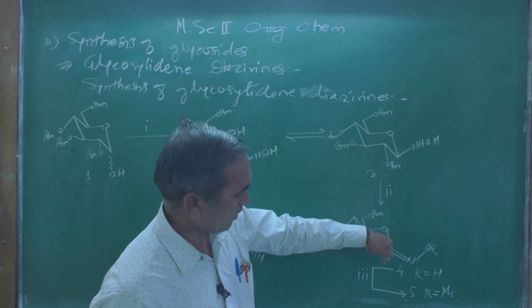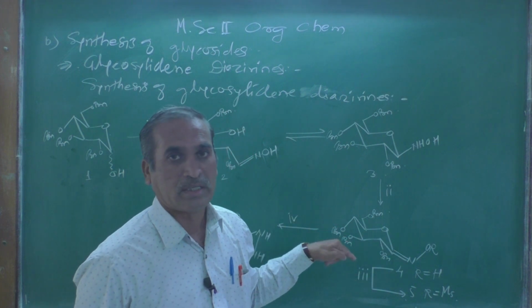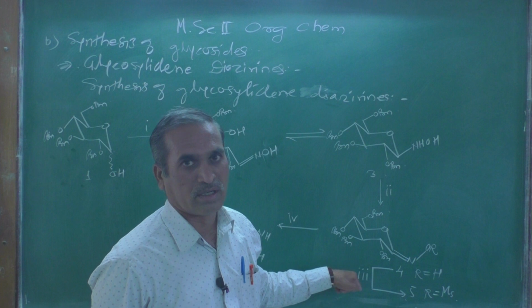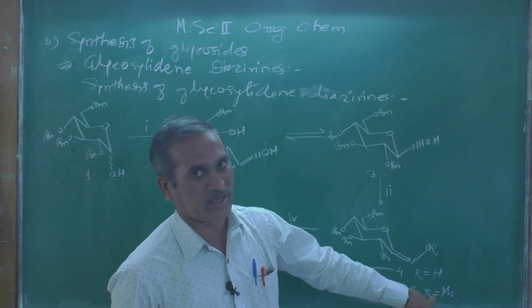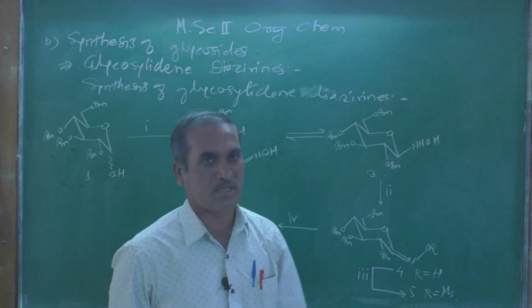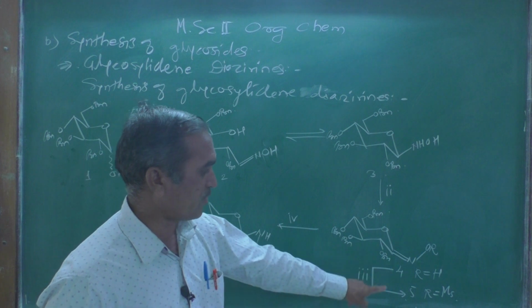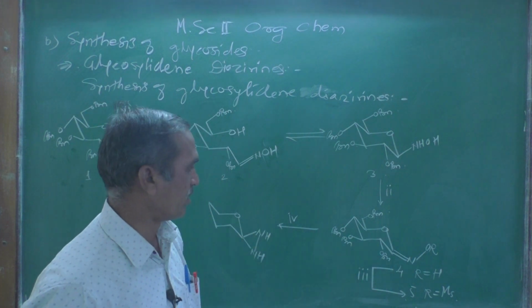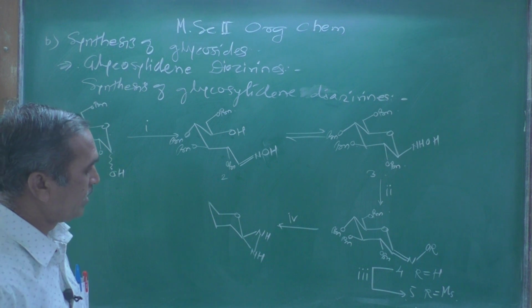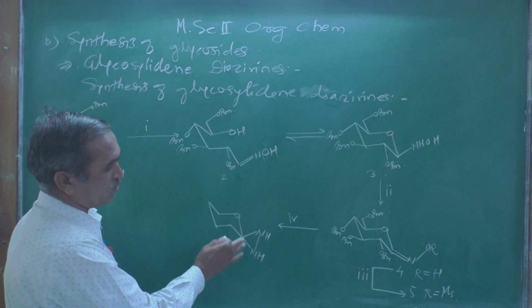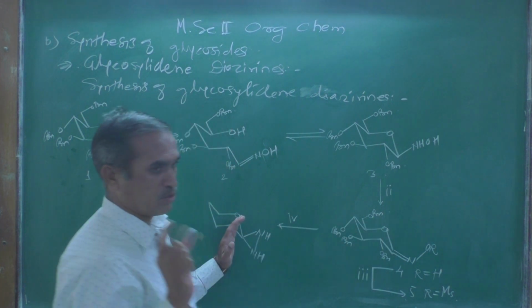When that structure number 4 is treated with the third reagent, we will get the structure number 5, where R is equal to Ms, the methyl group. And when that structure number 5 is treated with reagent 4, we will get this type. Focus only at this anomeric position.